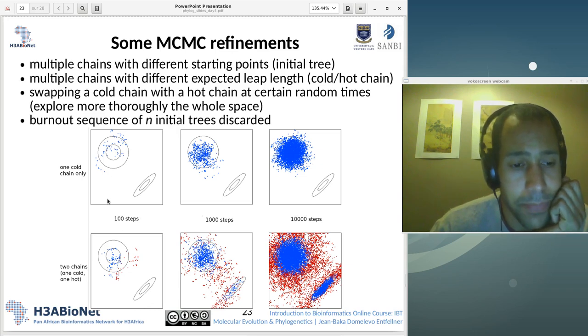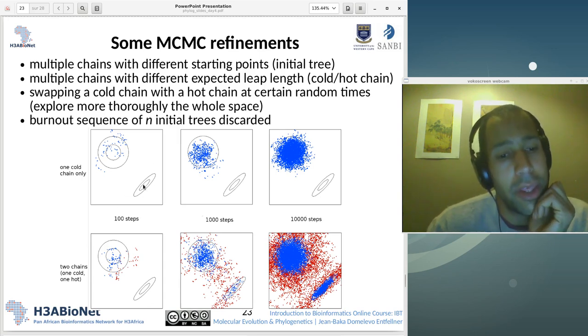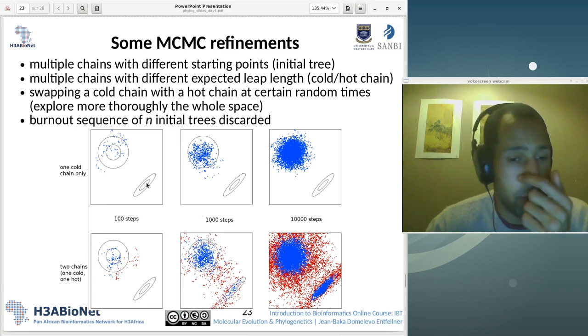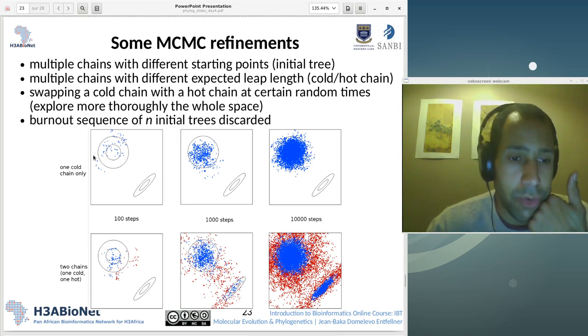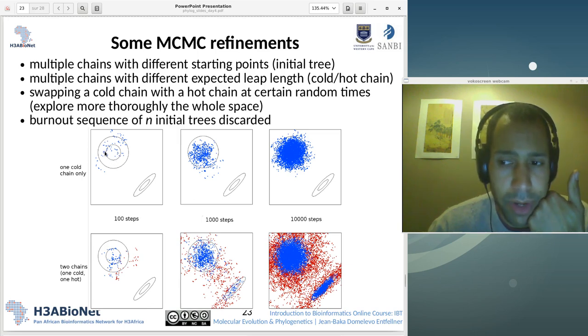This slide here shows you an example of the exploration of a space where you have two peaks, two mountains. You have here a round mountain. These lines are contour lines, I think, lines of equal altitude.